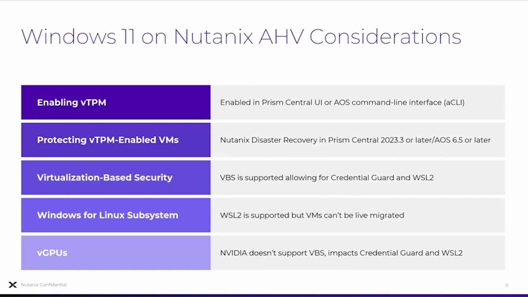But there are some considerations as well for Windows 11. So, enabling vTPM. There are two ways that you can enable vTPM for a virtual machine. Actually, there's three ways, because we have APIs as well. From an administrative standpoint, in Prism Central, which is our main multi-cluster administration piece, it's going to be in the UI when you're creating the VM.